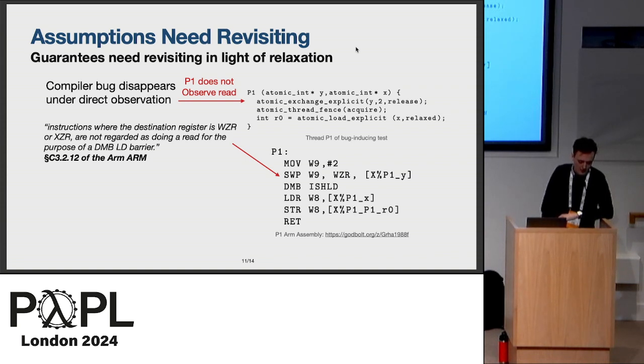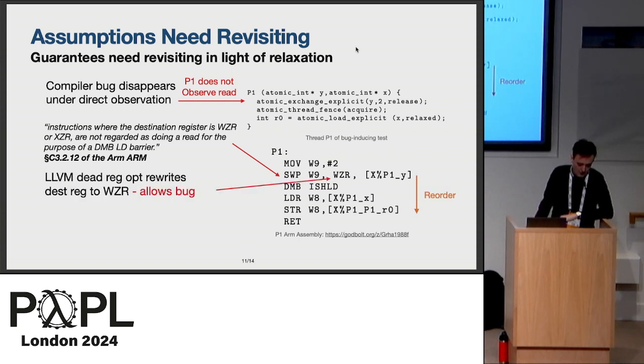Now, as we see here, we have this DMB LD, which is the acquire fence, and the destination register is the zero register. And this is because the LLVM dead register optimization pass will rewrite the destination register of the swap to the zero register because the read isn't used.